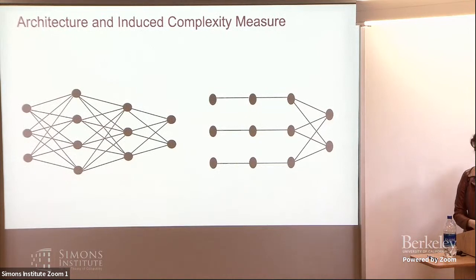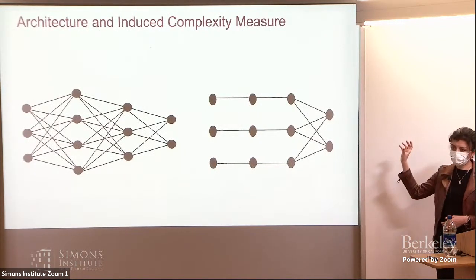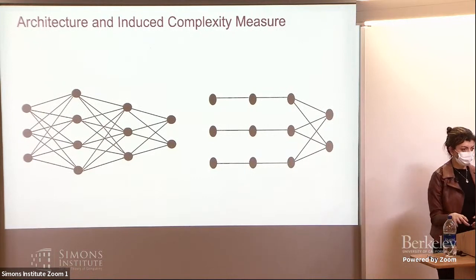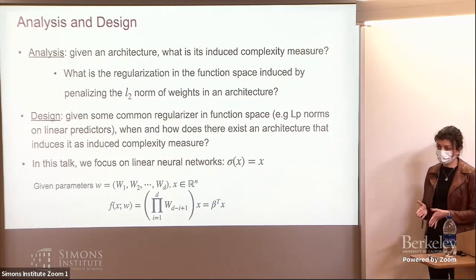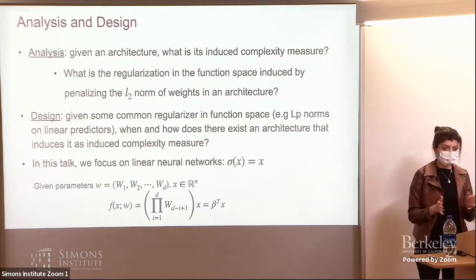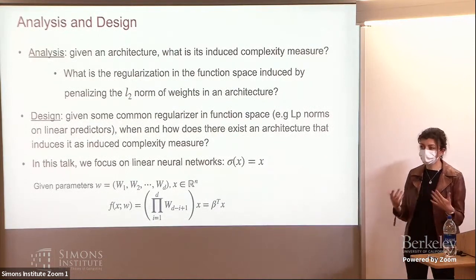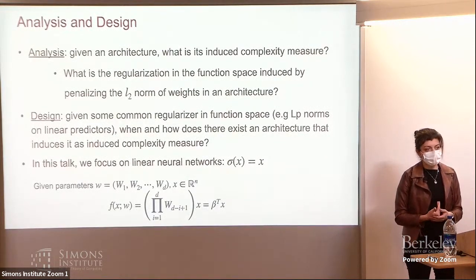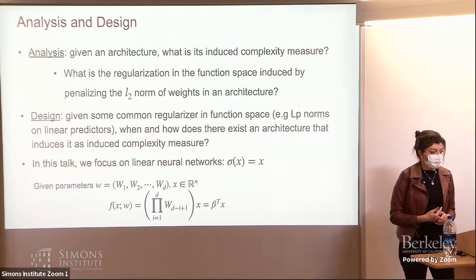Now, what is the talk about? The talk is about understanding the relationship between the induced complexity measure and the architecture of the deep or neural network. In particular, we have two questions in mind. One is analysis, one is design. Given an architecture or specific properties of the architecture, what can we say about the induced complexity measure?